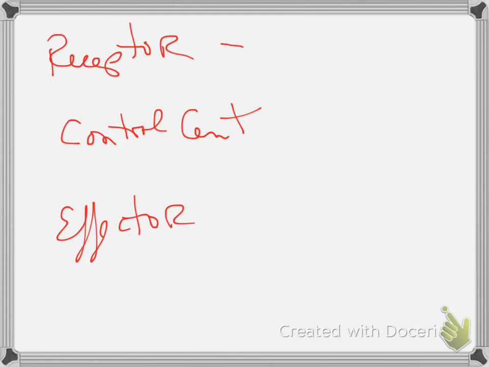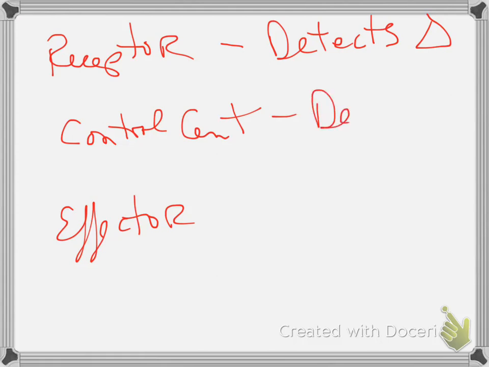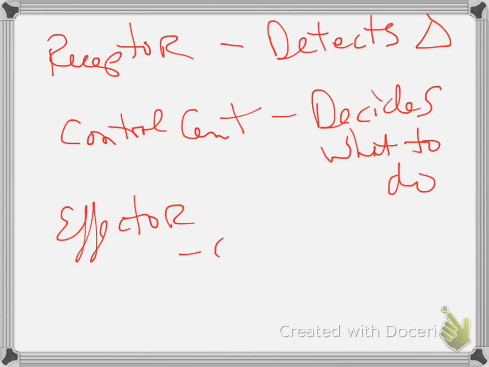So the receptor detects the change. The control center decides what to do. And the effector carries out the response. Now, let me address this. Negative feedback.